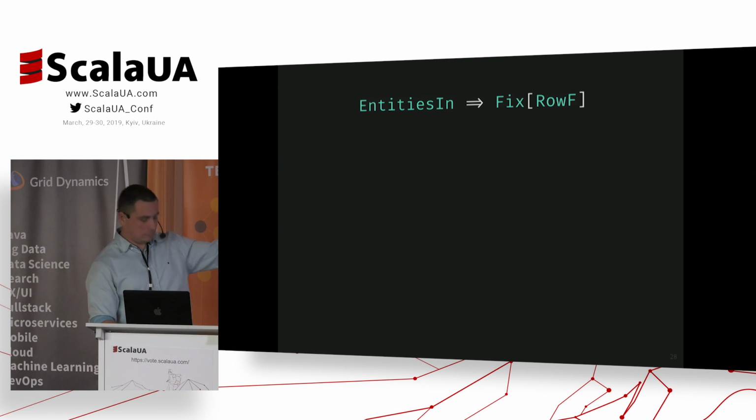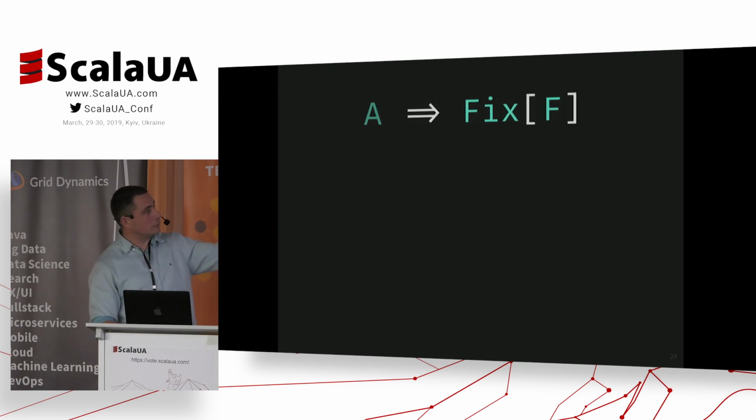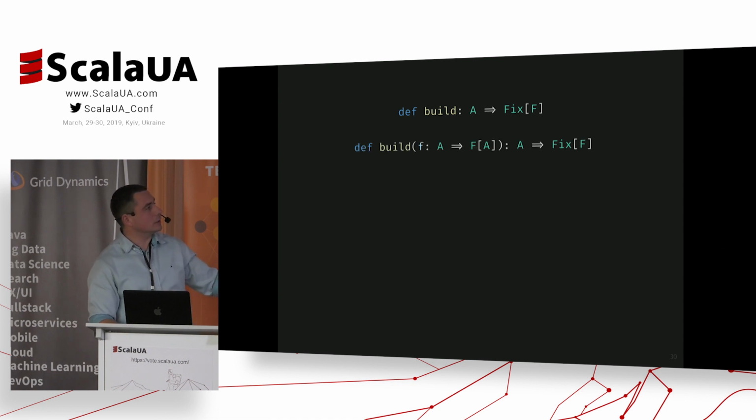So we want to get a fix of row f from entities. Or more generic, from some type A, we want to get a fix of f. Let's have a function which does this. But we can reuse the functionality we had before. Before we had functionality for constructing the entities from the data type.